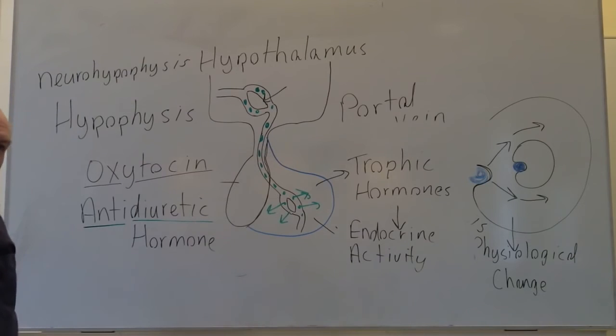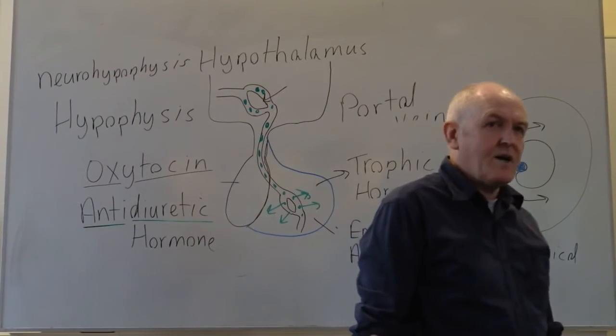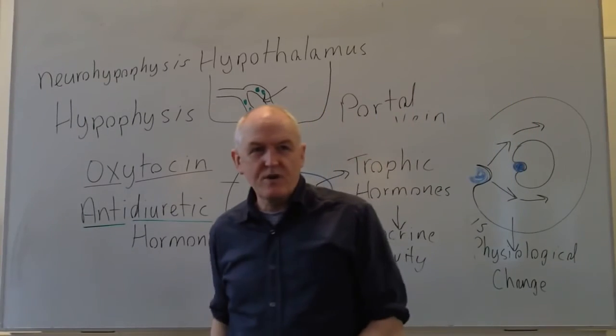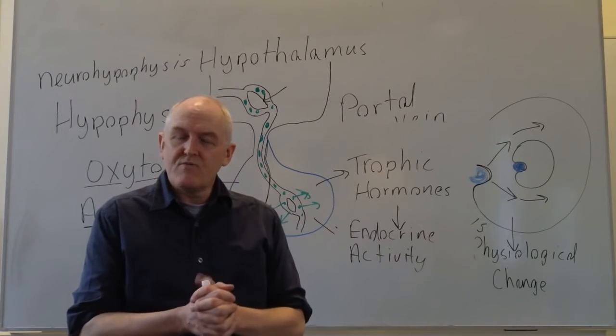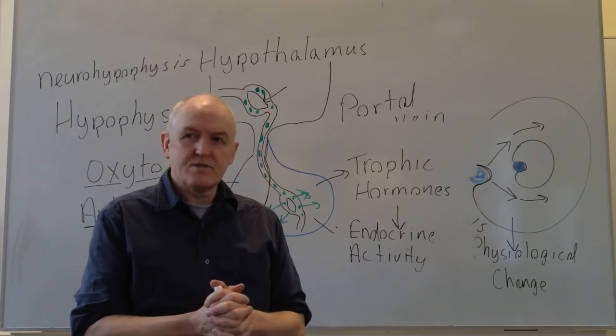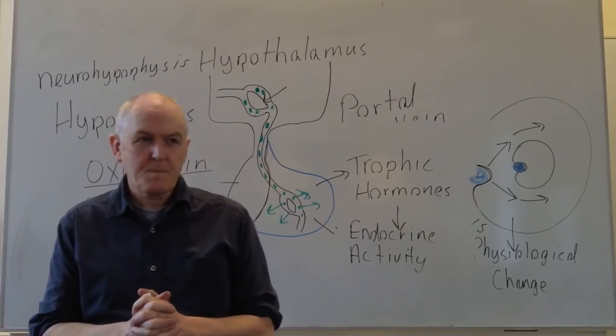It only does what the hypothalamus tells it to do. So the adenohypophysis only releases its trophic hormones when it's stimulated to do so with the arrival of releasing hormones via the portal system from the hypothalamus.